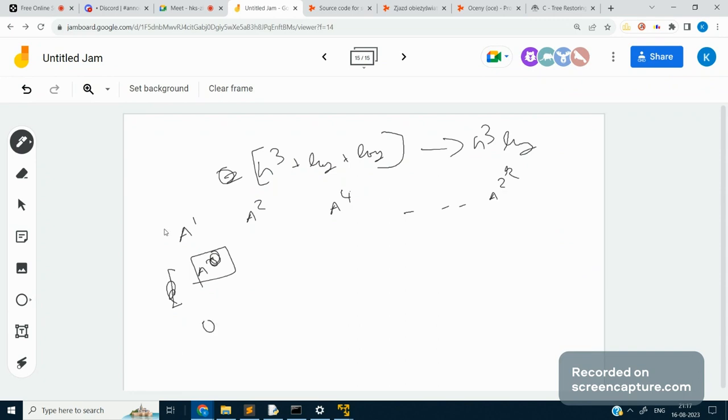So we are at the current matrix, and the current power of 2 is 2 to the power j. If it's not possible to reach in cur plus 2 to the power j moves, then we multiply: current matrix equals current matrix into A to the power 2 to the power j.